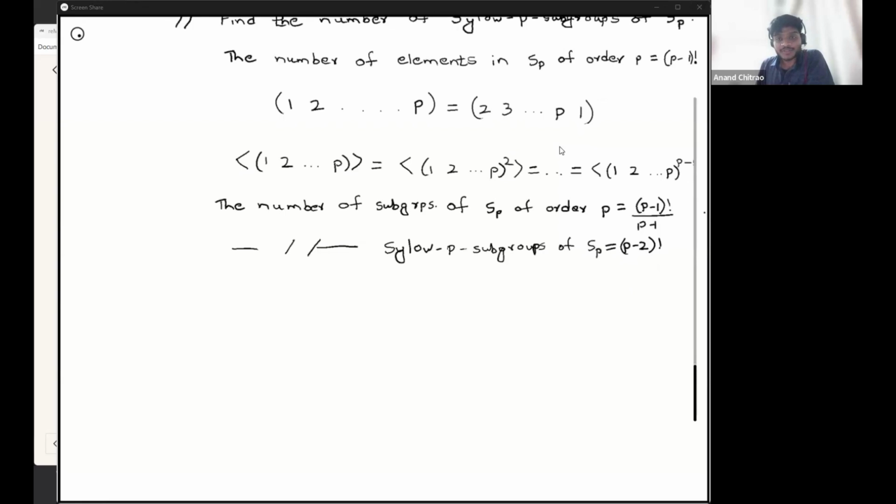But what do you know? You know from Sylow's third theorem that this number is congruent to 1 mod p, right? If you remember, Sylow's third theorem says that the number of Sylow p-subgroups of a group is congruent to 1 mod p.